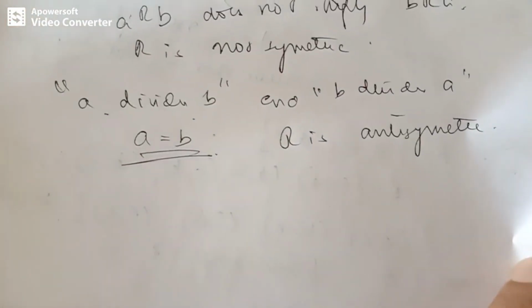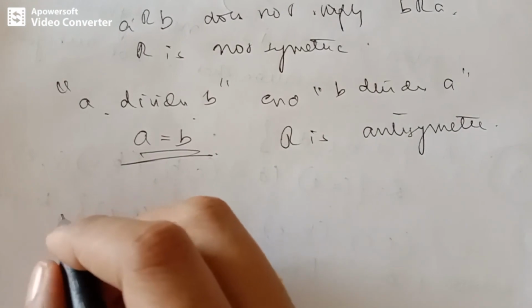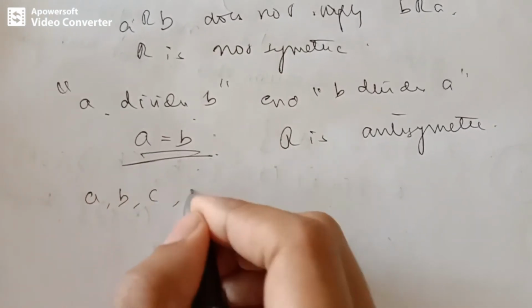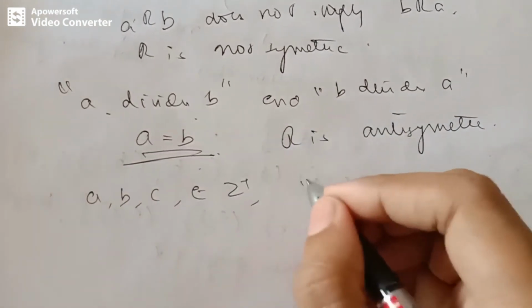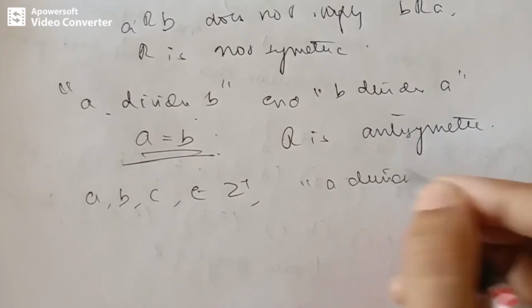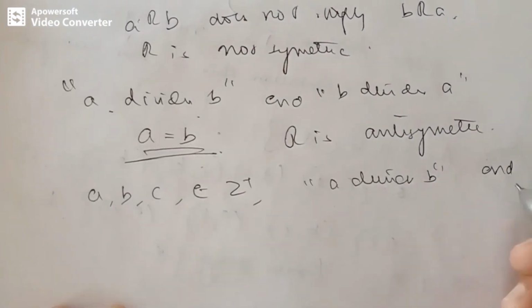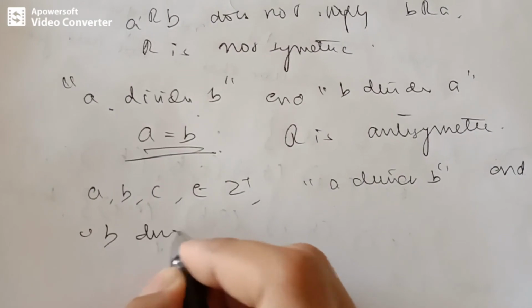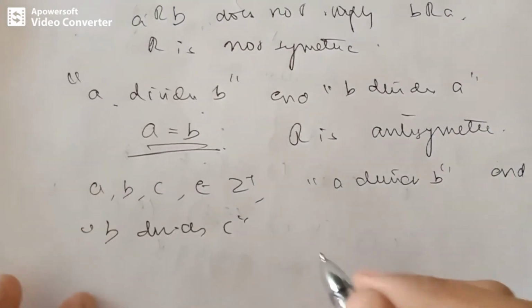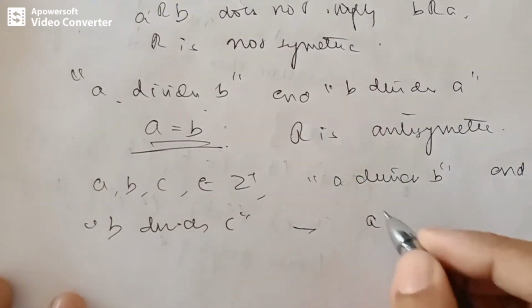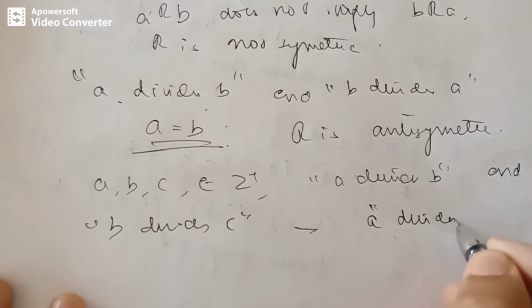Now, if we talk about the transitive property, we know that for any a, b, c belongs to Z plus, if a divides b and b divides c, does it mean that a divides c?